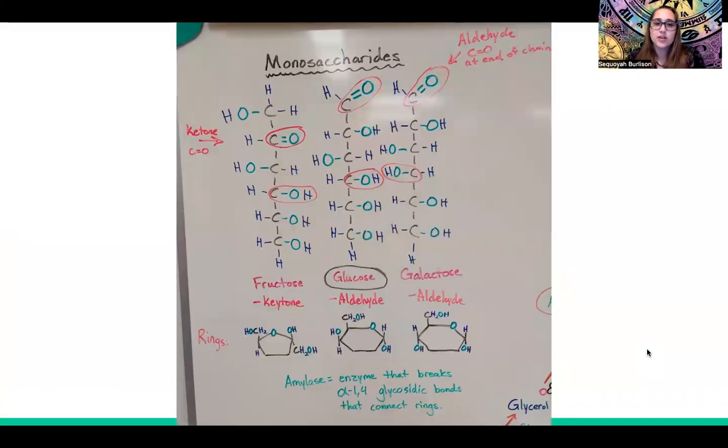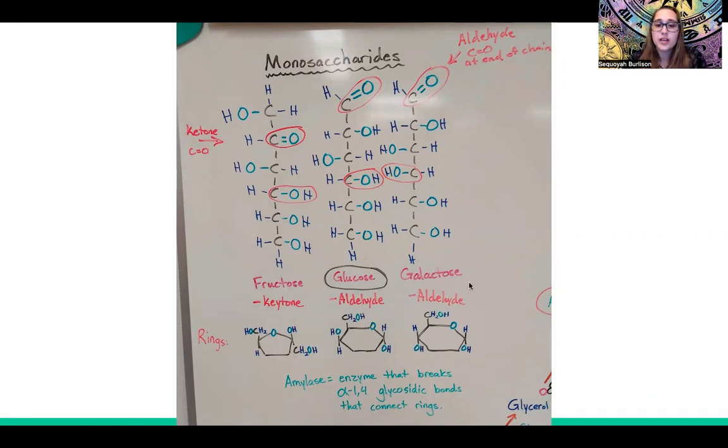So first, let's start off with the monosaccharides. All sugars have to be based off of the simplest component, which would be the monosaccharides. There are three examples here. We see fructose, glucose, and galactose. Fructose is a ketone. What is a ketone? A ketone is when the carbon double bonded to oxygen occurs, well, not in the middle of the chain, but within the chain.